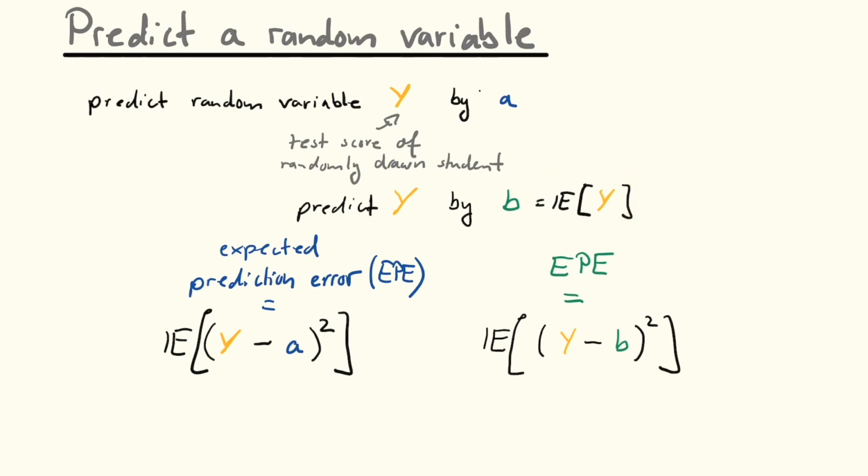In our example, this expectation is the population average of test score. So clearly a number. Now we can horse race these two predictions. Which one is the better prediction? A prediction is better if it has smaller prediction error. So which one has smaller prediction error? It can be shown that predicting the expectation always gives the smallest prediction error possible.